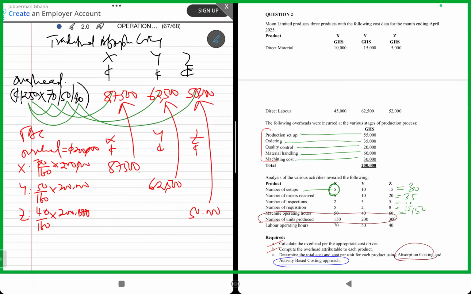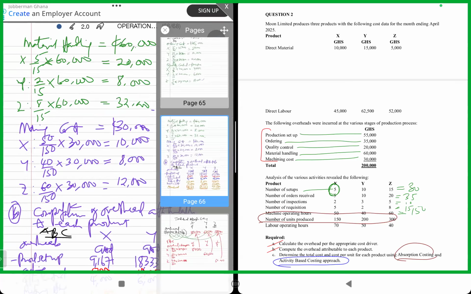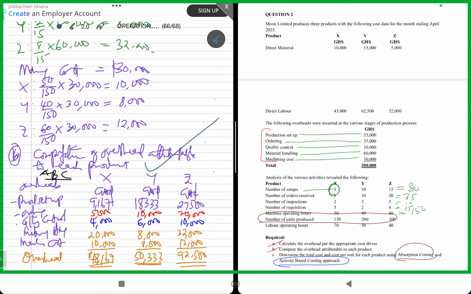This one is the traditional absorption costing method for the overhead computation. You can choose one method. Don't write all that. You just choose one method. And this is the one for the activity-based costing.